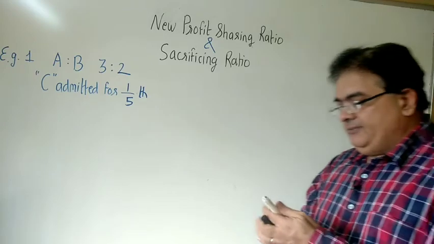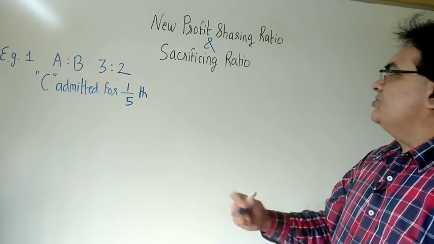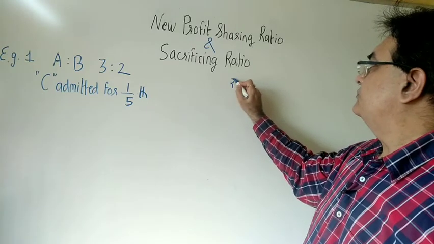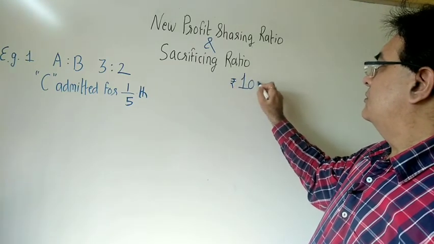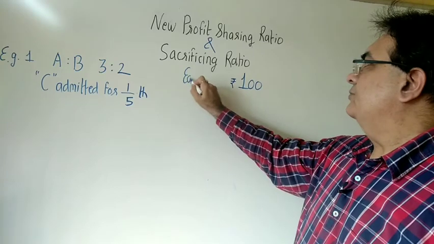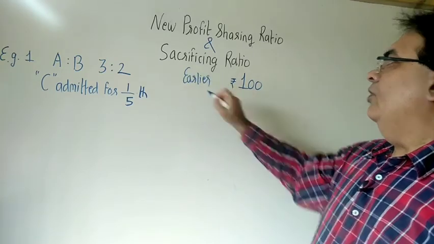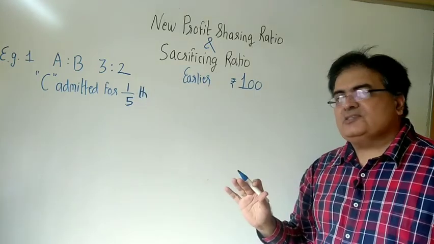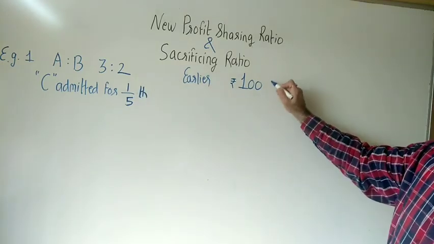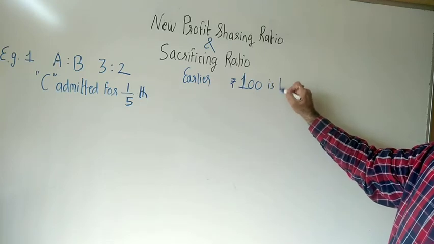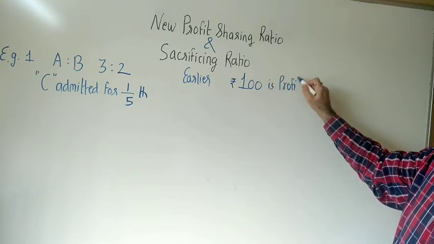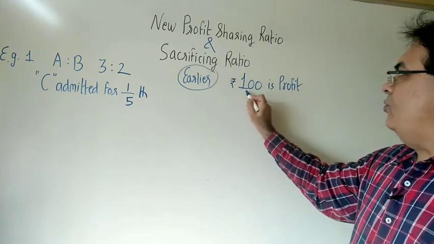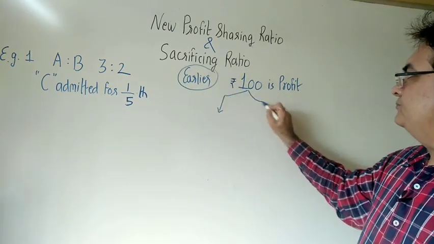Let us say that profit is ₹100. Earlier, when only A and B were partners, let us say ₹100 is profit. So only two of the partners were there earlier.